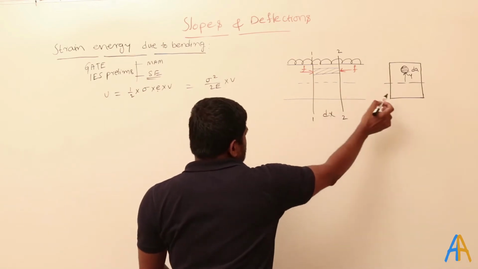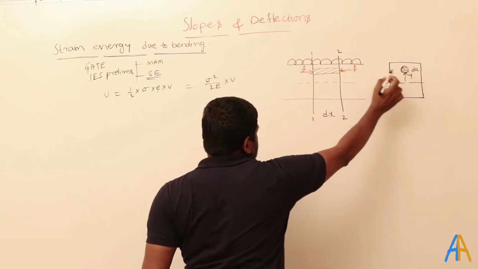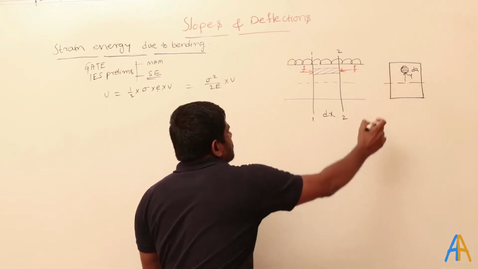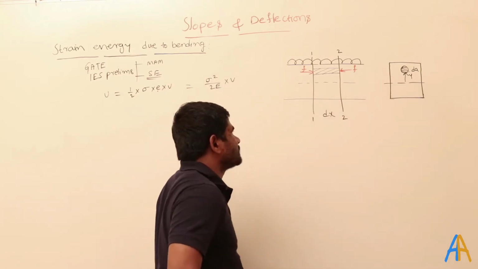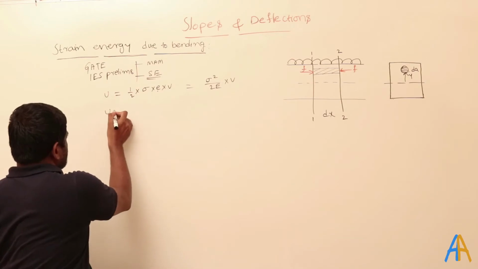This is the length of the beam, this is the cross section, and on this area, let's assume a bending stress F is acting at a distance of y from the neutral axis. In such cases, what is the strain energy?